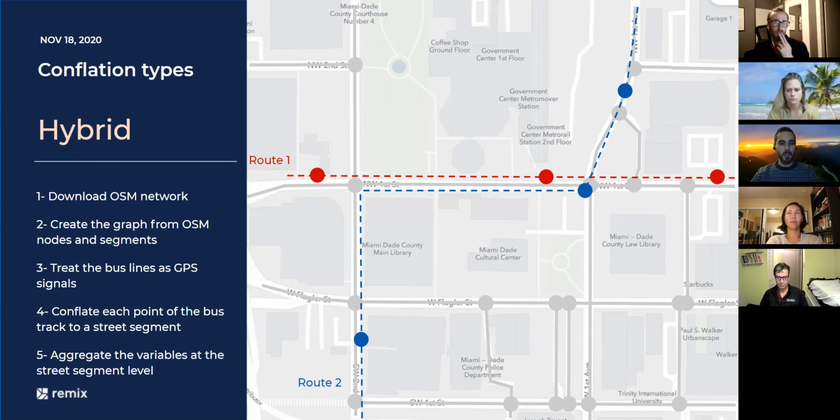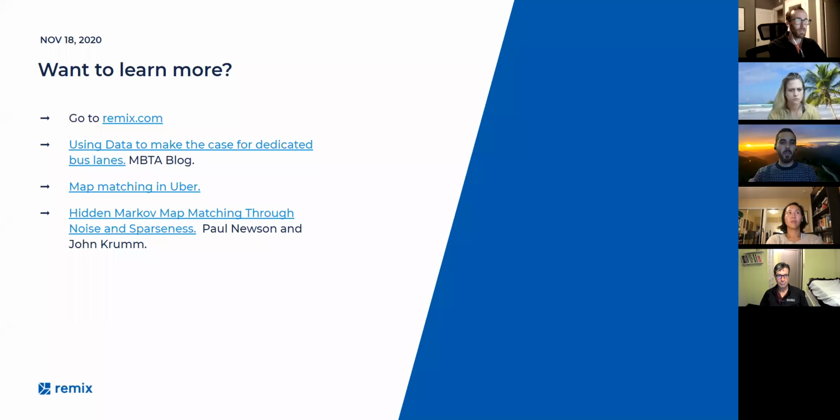Okay, if there are no more questions about that, this was all that I wanted to show you for today. I leave here a few references in case you're more interested in learning more about Remix or how PTAs follow a process to identify what are the good BRT candidates. There is a blog from MBTA where they explain this kind of thing very well.